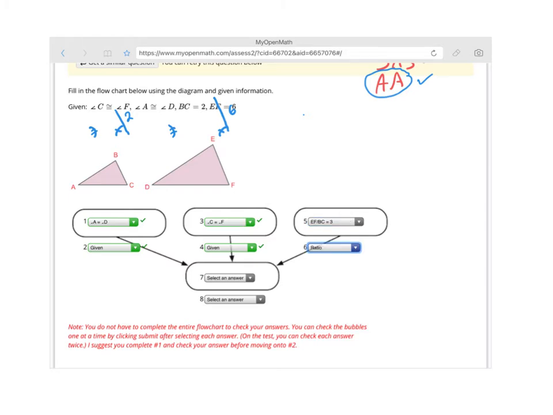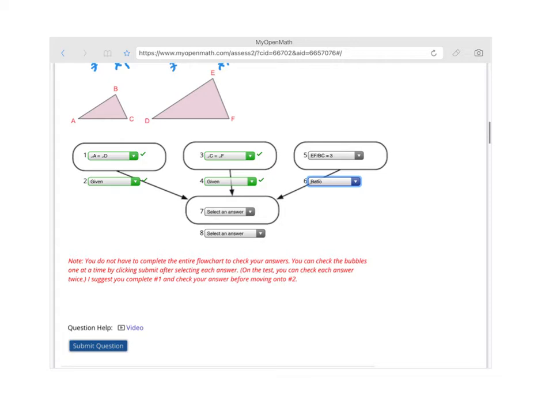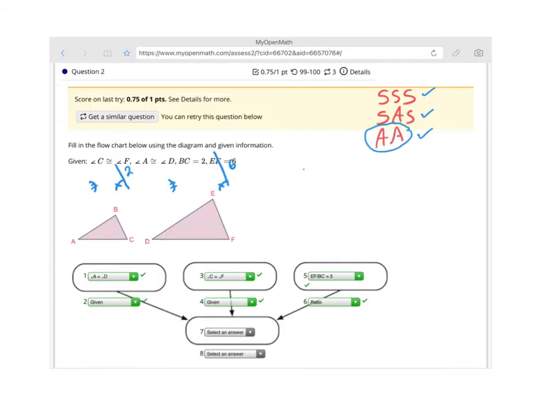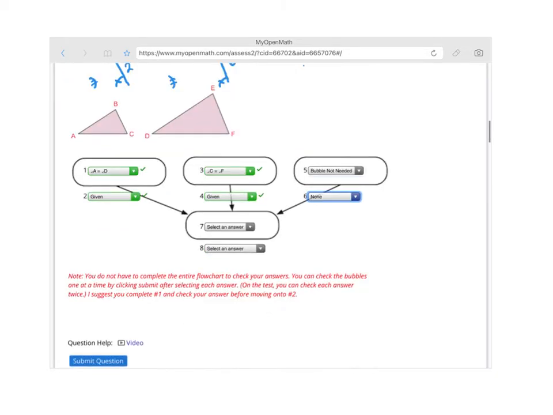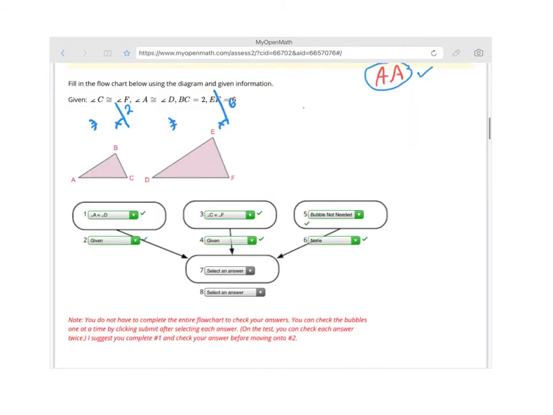If I submit that, it'll say that it's right, because that is part of the given information. However, since I didn't necessarily need it, I could say that that bubble just wasn't needed, in which case the reason would be none. And that should also be correct because in this case we're just using angle, angle.